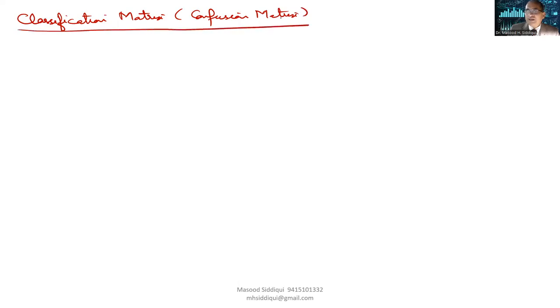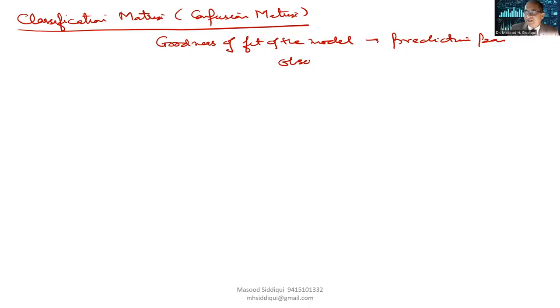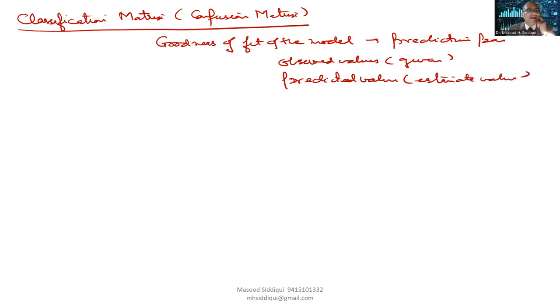The objective of this matrix is to comment on the goodness of fit of the model through the prediction part, meaning directly comparing the observed values that are given and the predicted values or the estimated values from the model.